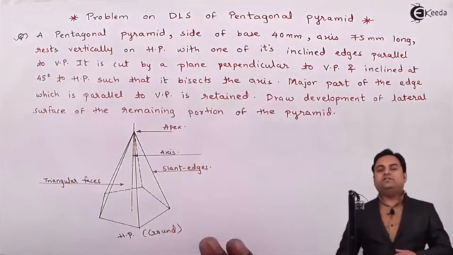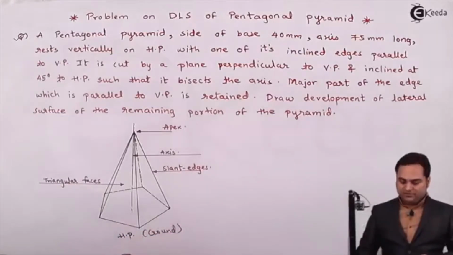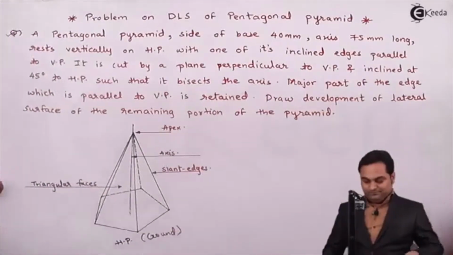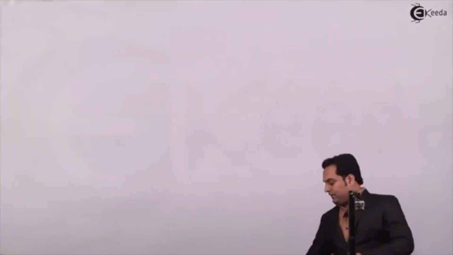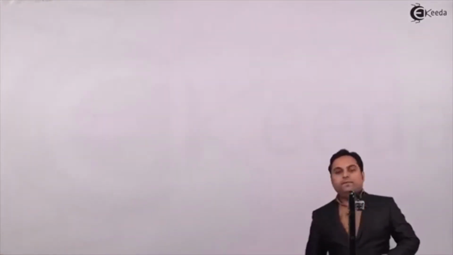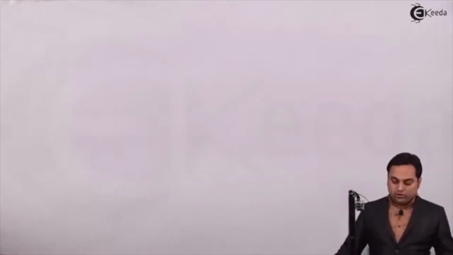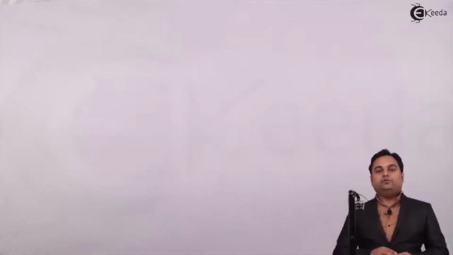Now what is this condition? That I'll explain in the problem itself. So let us get started with the solution to this problem. The base of the pentagon is 40 mm and axis is 75 mm long. So that pentagonal pyramid, I am going to draw it here.